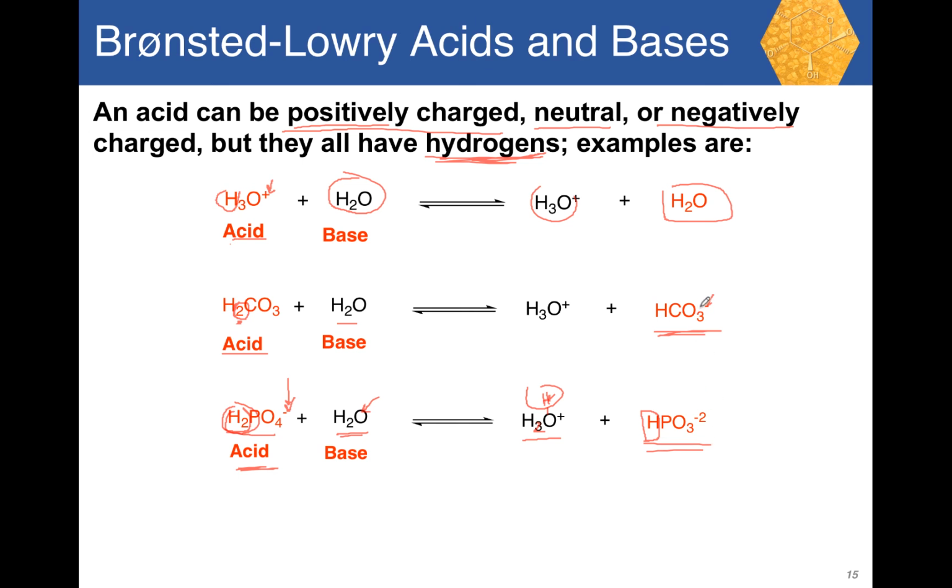Conclusion: acids can be positively charged, as we have here, acids can be neutral, as we have here with carbonic acid, or acids can be negatively charged, as we have here with that negatively charged phosphate anion.